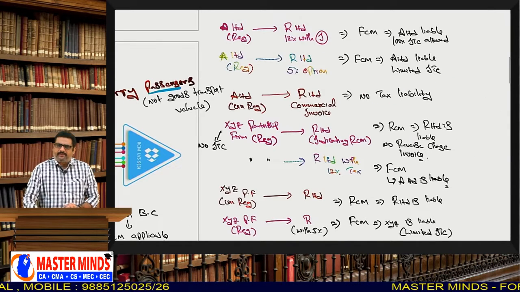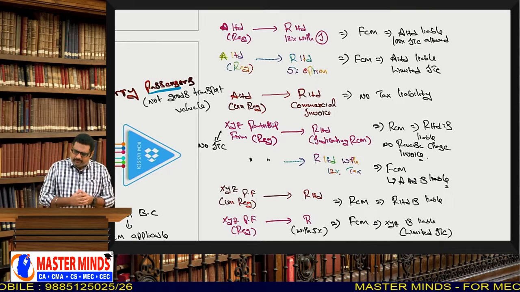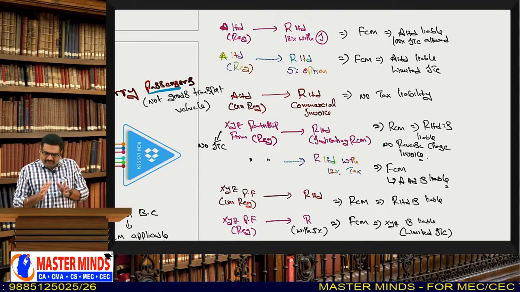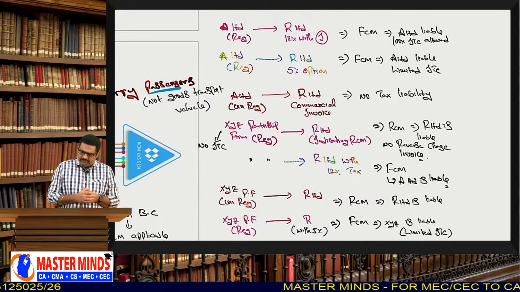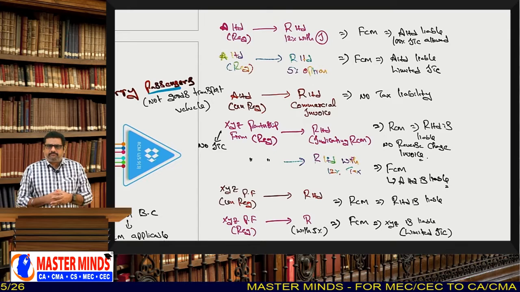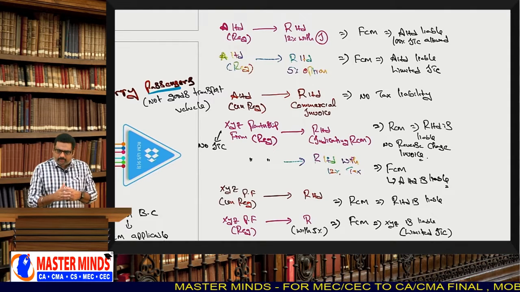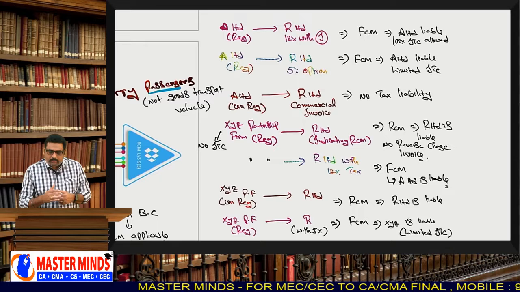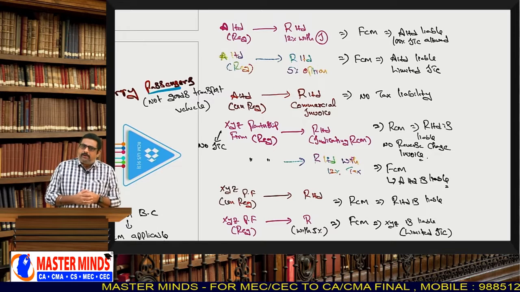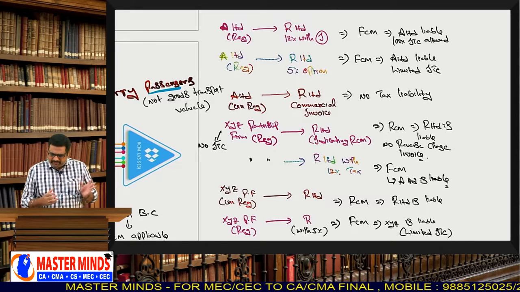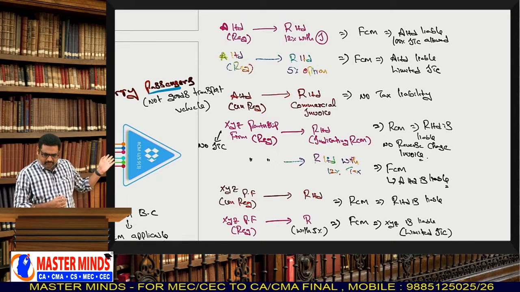We will see some examples regarding this particular point, to understand this concept. Say for example, A Limited is a registered person and is providing renting of motor vehicle service to R Limited, and in that invoice the tax rate is 12%.